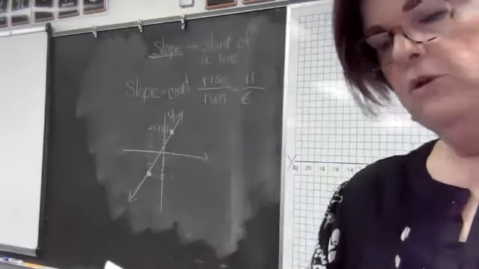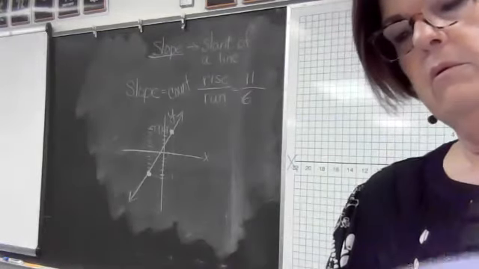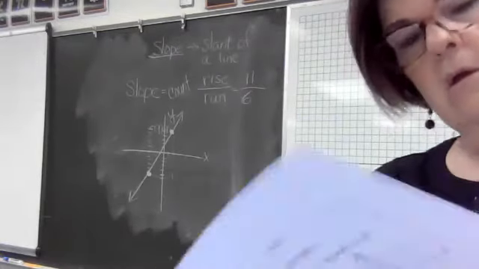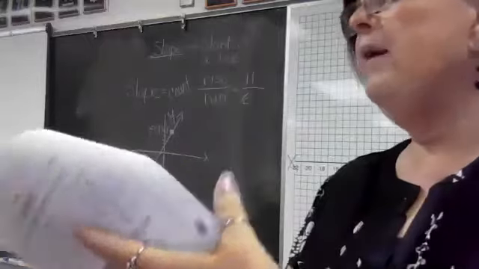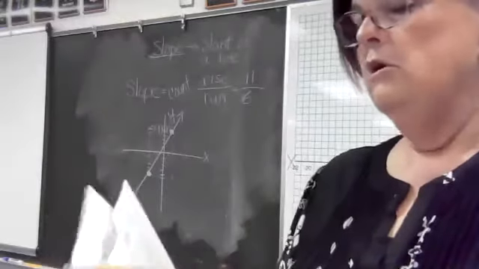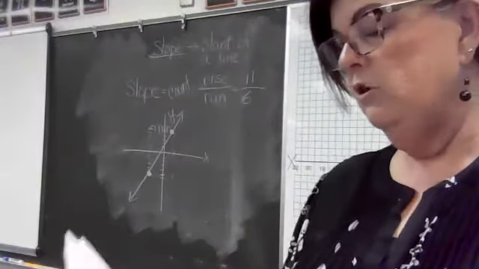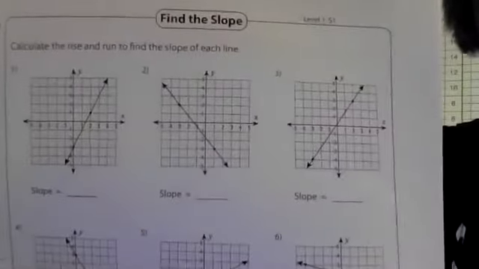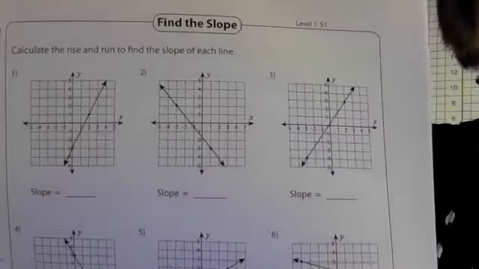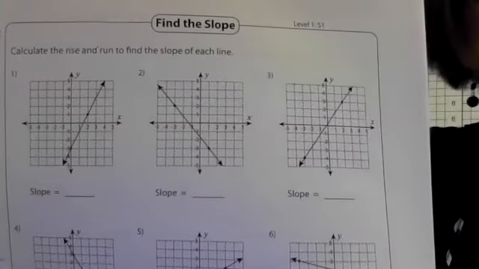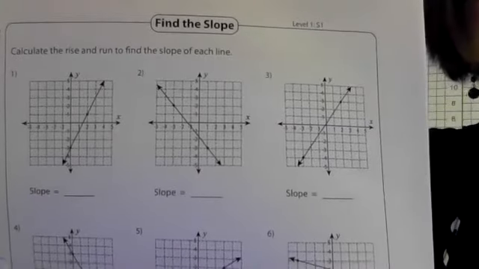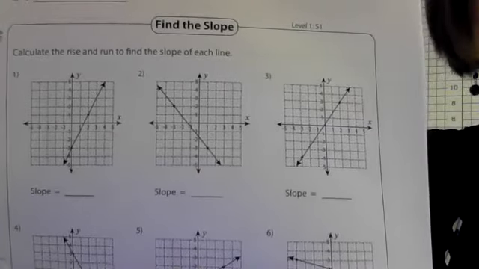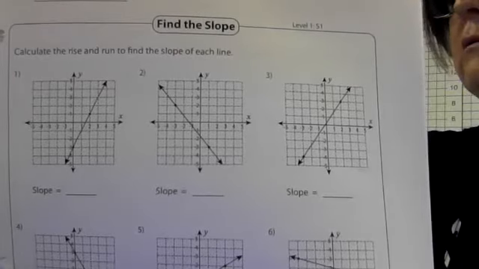Then, okay, so I'm going to do page 3, I'll come back to page 2 in just a second. We're going to do it today, and then that's all we're going to do. So page 3 says find the slope, and all you're going to do is start at one of the points, count your rise over your run.